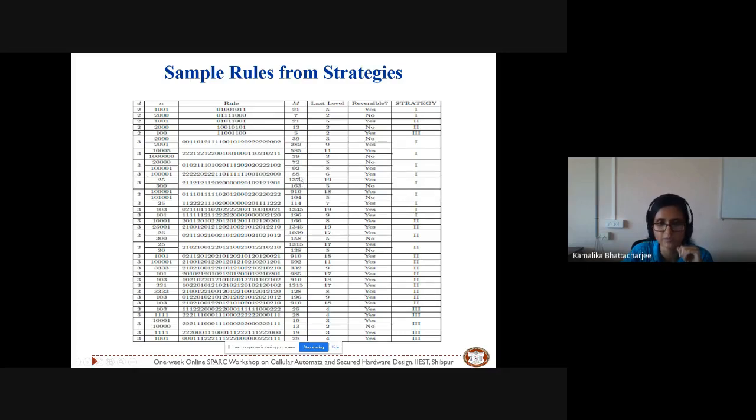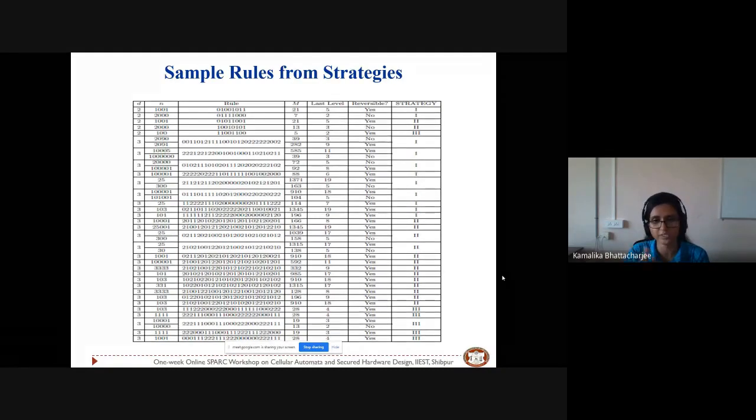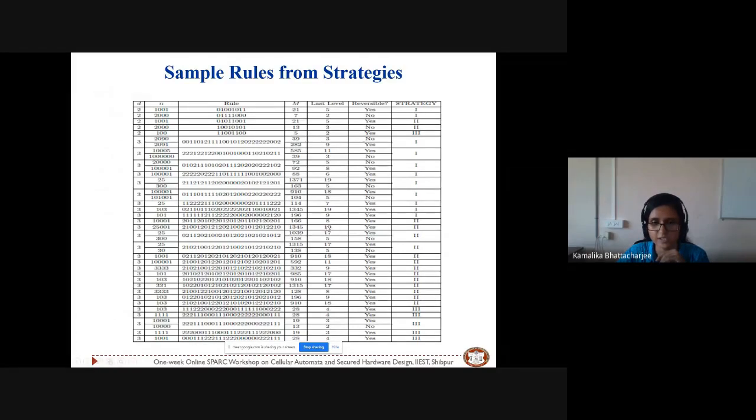That is the maximum we have found for 3 neighborhood 3 states, and that is for any arbitrary n. And in most of the cases, the number of levels after which you can declare whether it is reversible or not is very small. And the maximum value we have seen here is 19. So if n is more than 19, then obviously our total reachability tree will be formed beforehand, and we can decide whether the CA is going to be reversible or not.